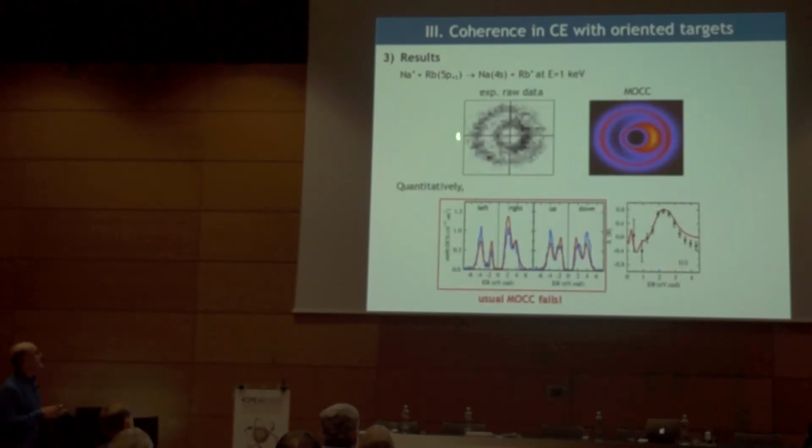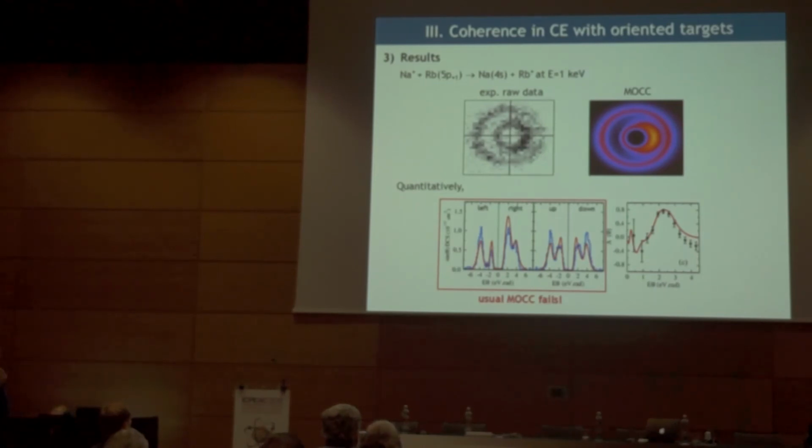Now I illustrate the secondary electron capture channel, that is the transfer from 5p2P to sodium 4s. Here I compare the experimental raw data with the MOCC calculation, and the agreement looks very satisfactory. But to have a more quantitative comparison, I compare here, as before, the DCS in terms of the left, right, up, and down contribution.